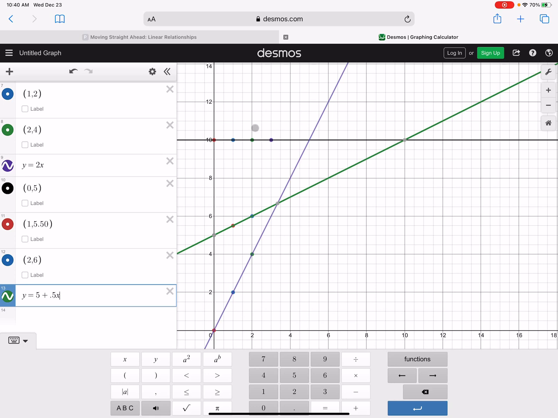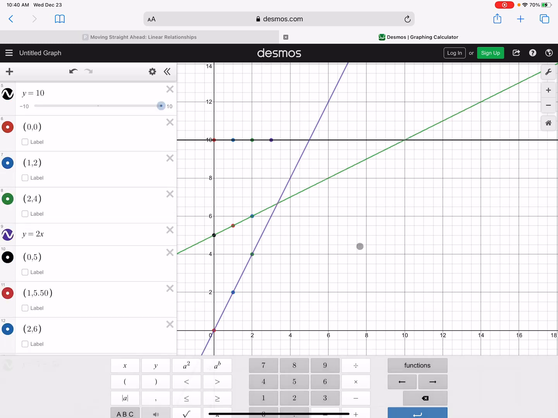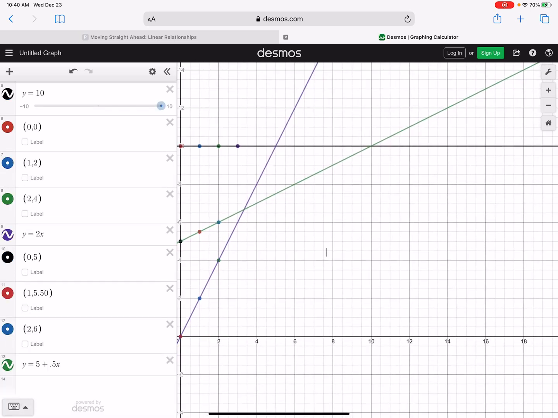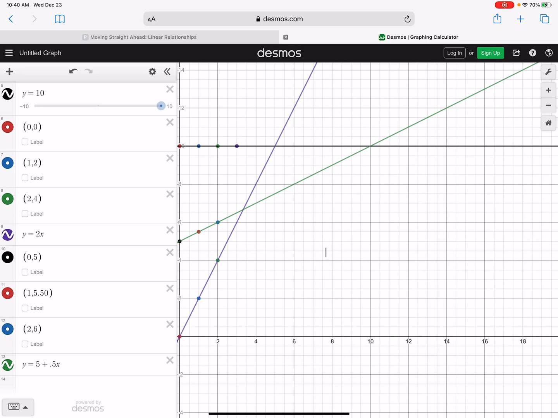Now the only difference is, because this is for a walkathon and for money, your graph technically cannot go in the negatives, okay? So it's gonna look like this. It's gonna start at 0, when x is 0, and then it's gonna move into the positives.